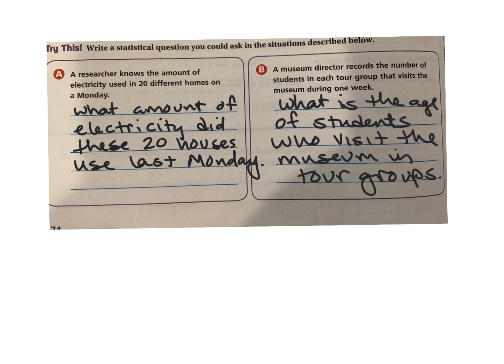As long as you're going to get data back from your question that will have a variance, a variety of different answers, they might be very close in answers to one another, but there will be a variety. As long as you're going to get multiple answers back, then it is a statistical question.